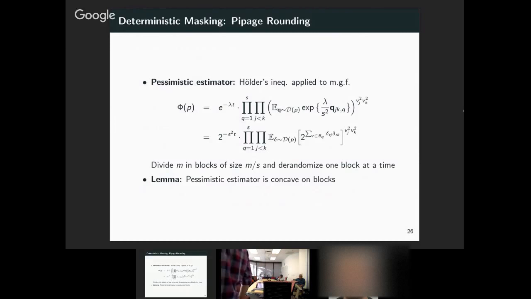We just use Hölder's inequality so that we can make things nicely decoupled. Instead of taking products inside of this expectation with these different choices of columns, we just use Hölder's inequality and we take these as exponents. And basically what we end up doing in the algorithm is a very simple idea.